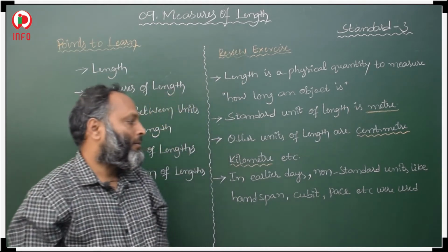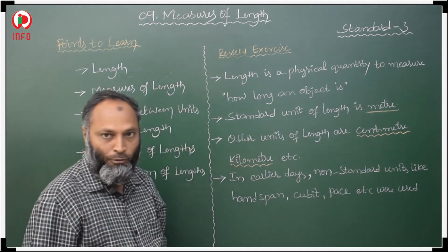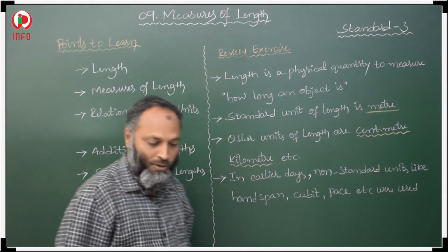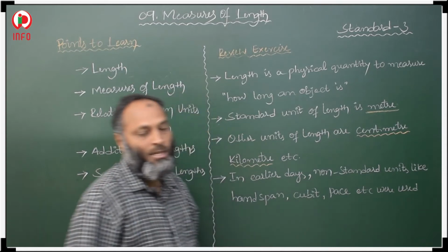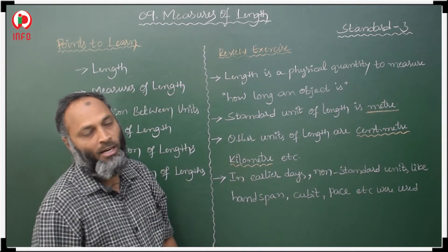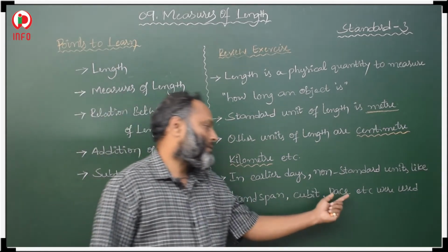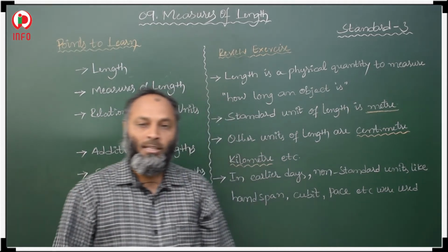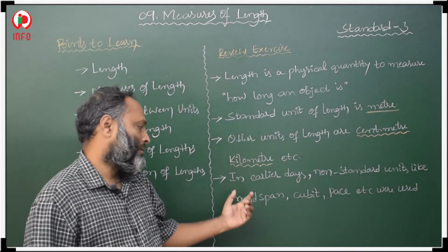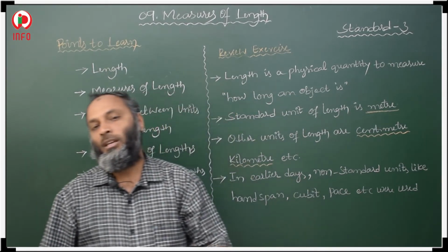Okay. Then pace means one foot. How much distance is one foot? One step, from the right leg to the left leg, the distance between the right leg and the left leg, that is a pace. So in earlier days they used hand span, cubit and pace.